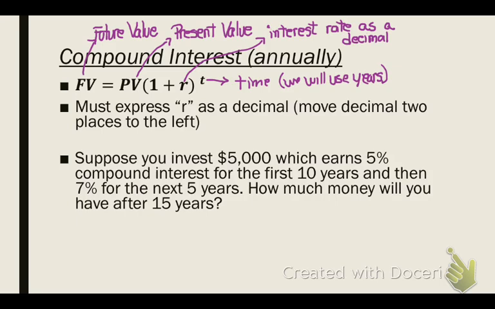And again, you must express your interest rate as a decimal by moving your decimal 2 places to the left. So let's take a look at this problem. This is going to be like one you're going to see on your homework.